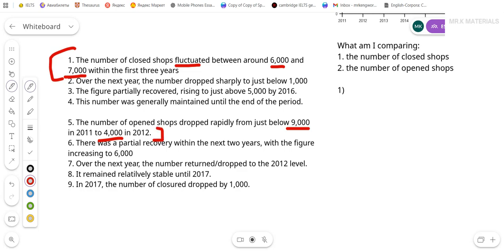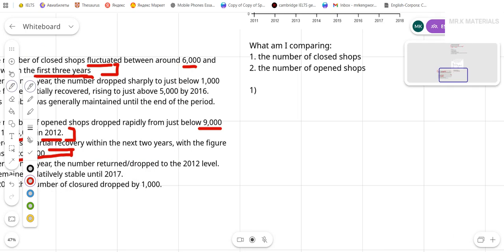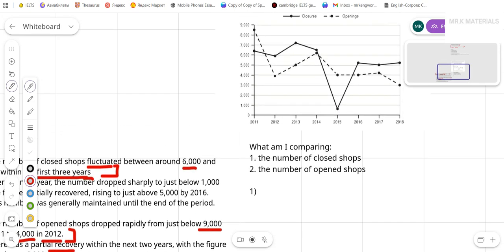And we're talking only about 2012, whereas here, we're talking about a 3-year period. That's interesting. Then we have a partial recovery and then a huge increase, like 2,000 to 6,000, whereas here it is still 1,000. When I say 3 years, I'm still talking about 2010, 2011, 2012, and 2013.